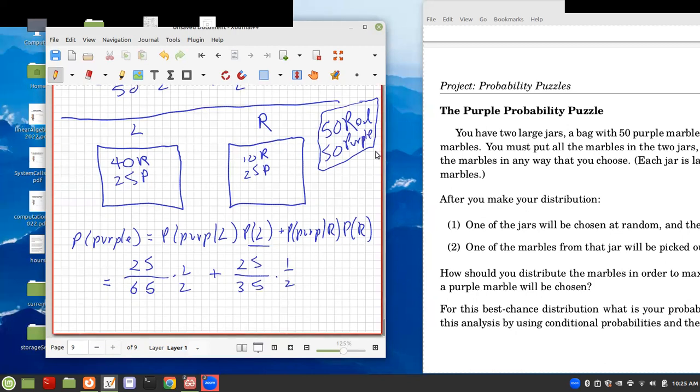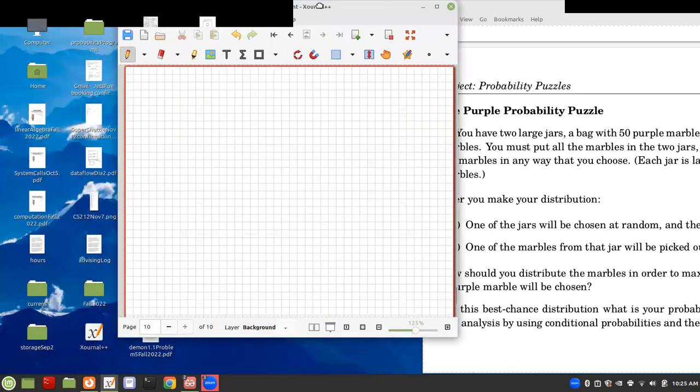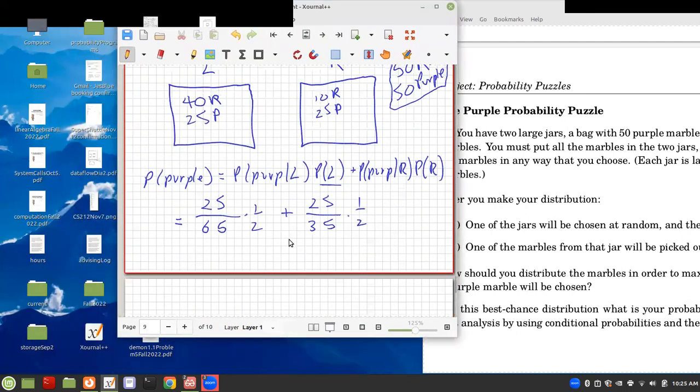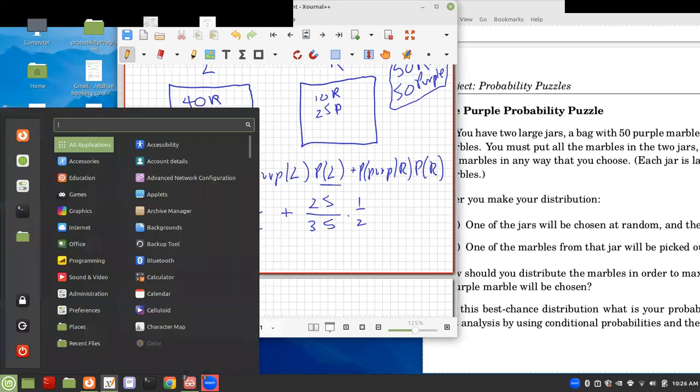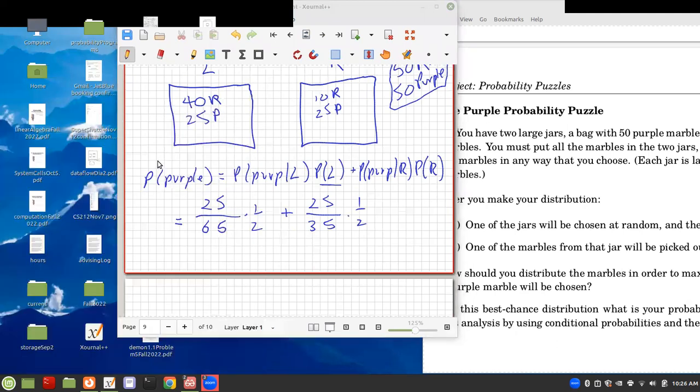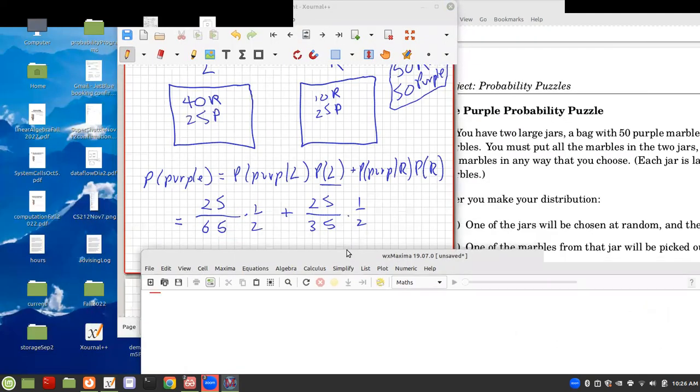Okay, so let's then see what this is. Well, the fraction here might be difficult to do. Let's see if we can use wxMaxima to calculate this.